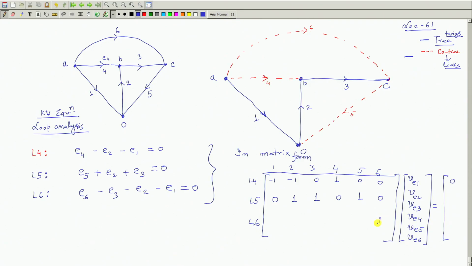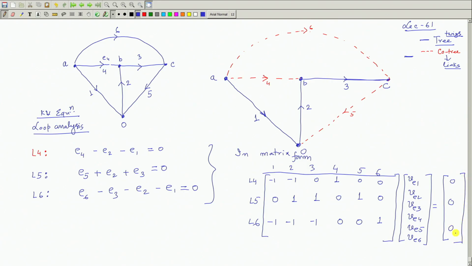So, plus 1, minus E3, minus 1 under 3, minus E2, which is also minus 1, and minus E1. Hopefully, I have written correctly. This is the thing, and all these rows have to be 0.